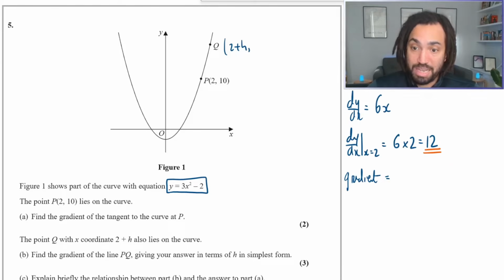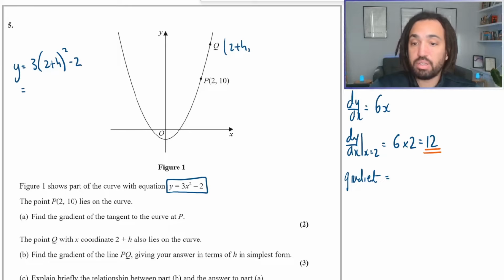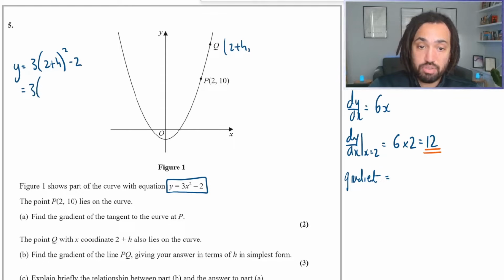So the y value of Q I would find by subbing into the line the x value of Q. So this will be, let's do it over here. The y value of Q will be 3 lots of the x, which is 2 plus h, all squared, and then minus 2. Okay, so this is 3 lots of 4 plus 2h and another 2h is a 4h plus h squared.